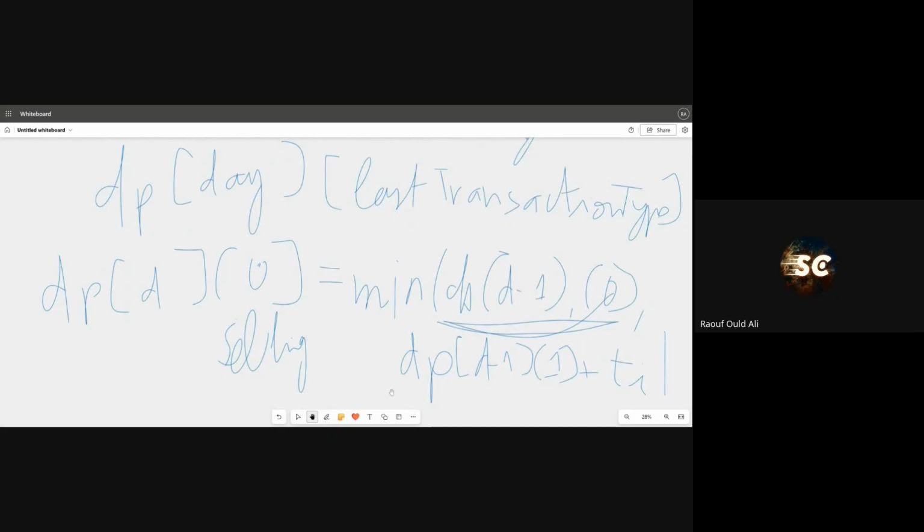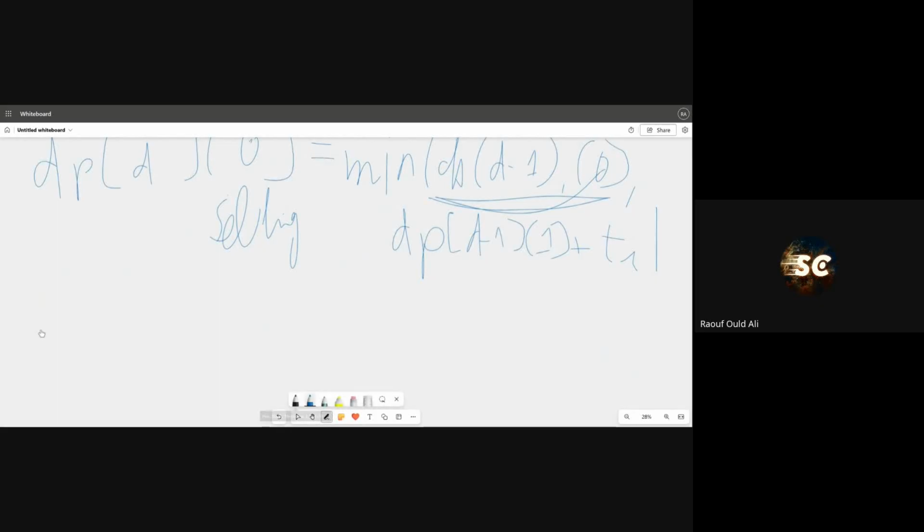Okay, on day d. Now for dp d 1, which means that the last action done was buying. Either we're doing nothing today, so we're just getting the answer from d minus 1 1, or we are actually buying on this day. But if we are buying this day, we cannot have sold the day before.